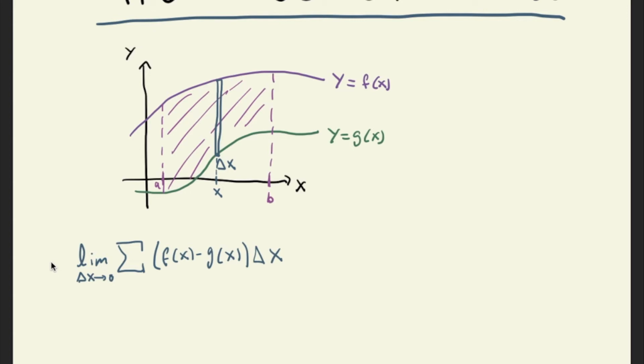So this is what the area should be, and this limit is exactly the integral. Integral from A to B of f of x minus g of x dx, right? So this delta x turns into this dx here. This sum turns into this weird symbol.